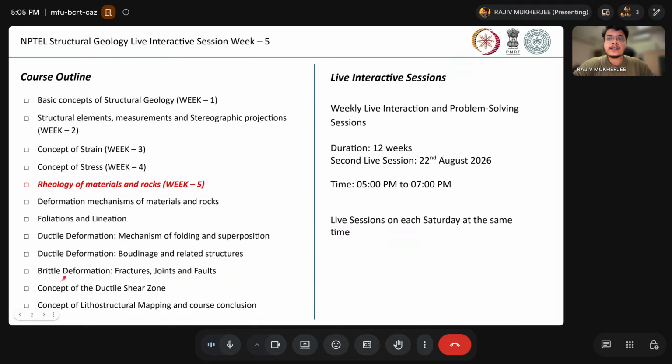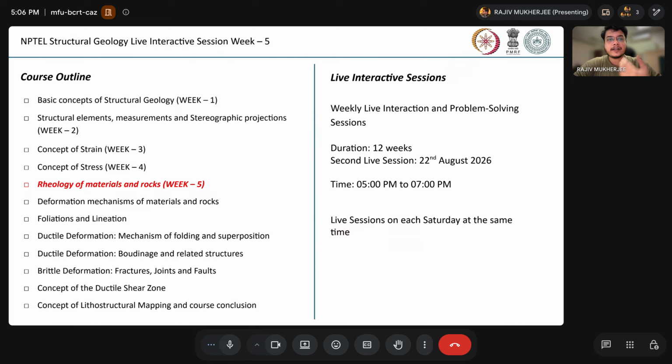So rheology is a branch of mechanics that deals with a solid material or a fluid that is undergoing deformation under a continuum framework.